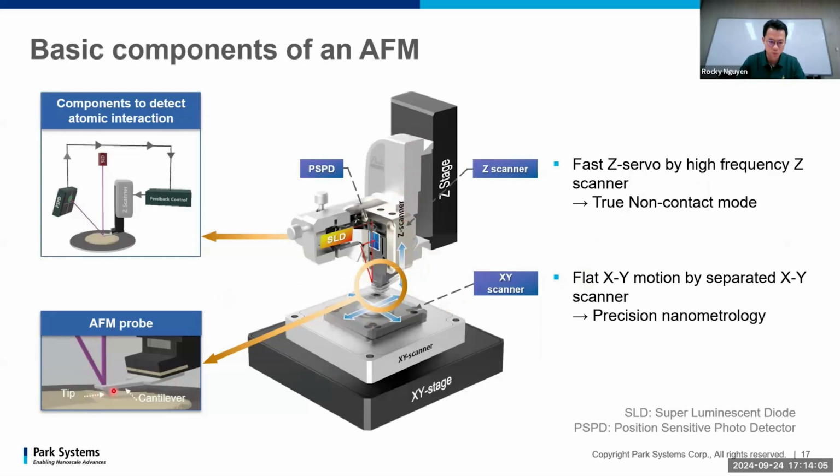To detect the interaction between the tip and the sample, AFM uses an optical lever detection system, which consists of an SLD, superluminescent diode, the photodetector, and the cantilever itself. The laser beam from the SLD will go to the back of the cantilever and reflect to the photodetector. And the feedback mechanism will adjust the sample and tip distance during measurement, depending on what mode it is.